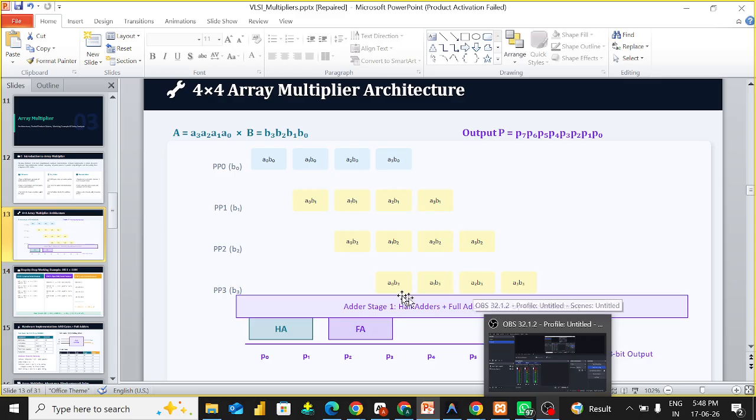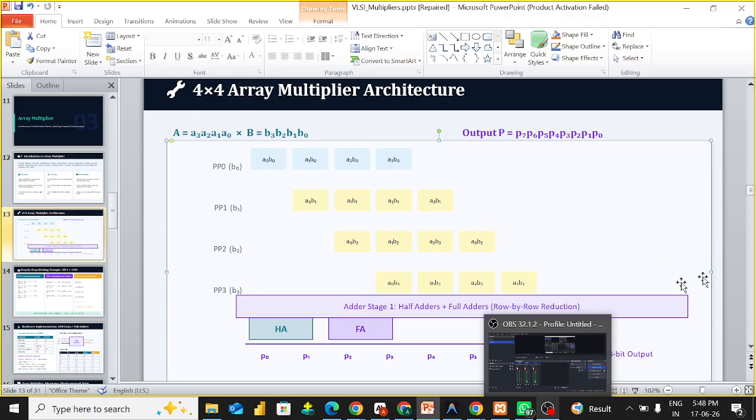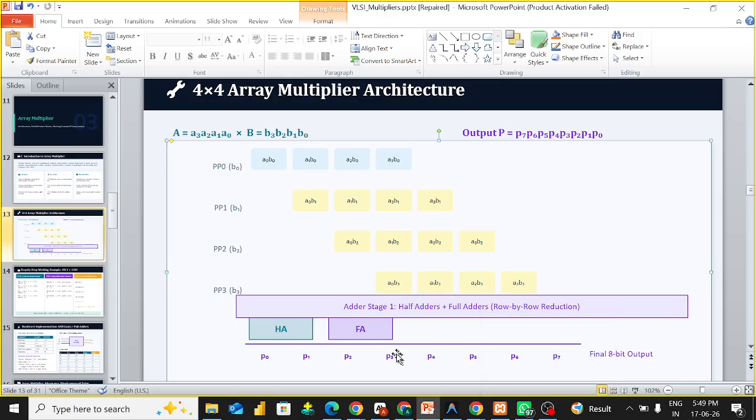Usually if you have a 4-bit input and a 4-bit input, what output are you going to get? 4 plus 4, 8, right? So obviously you are going to get an 8-bit output.